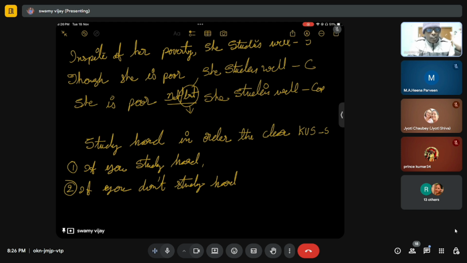Study hard in order to clear KVS is a simple sentence. Now when you start writing the complex sentence, is "if you study hard" the right way of beginning, or "if you do not study hard"? First one or second one?